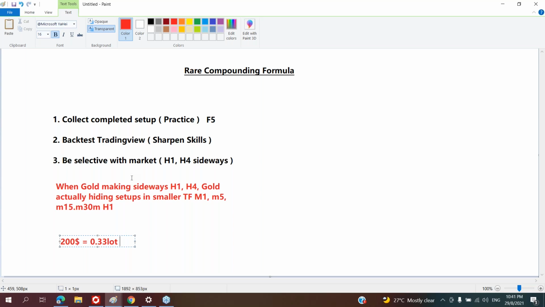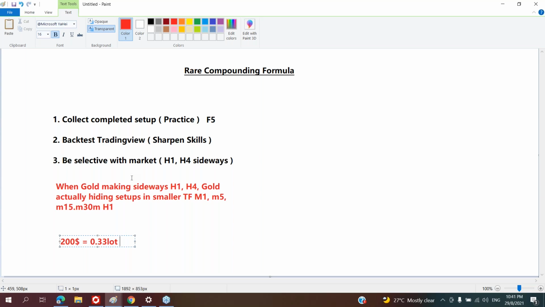Why do you need 1 year? I'm talking about rare compounding. I'm not talking about money management, taking care of your MM or some stuff. Yes, everything is full margin, because this rare compounding formula really goes according to the plan.